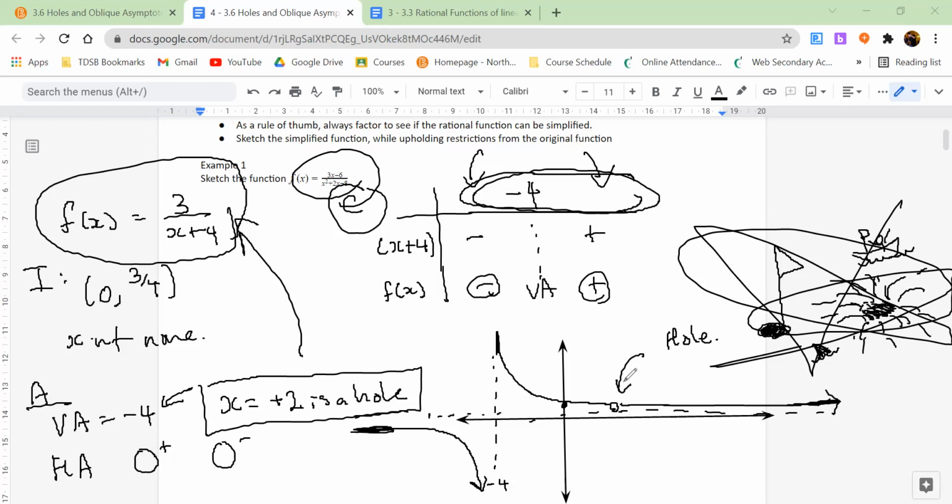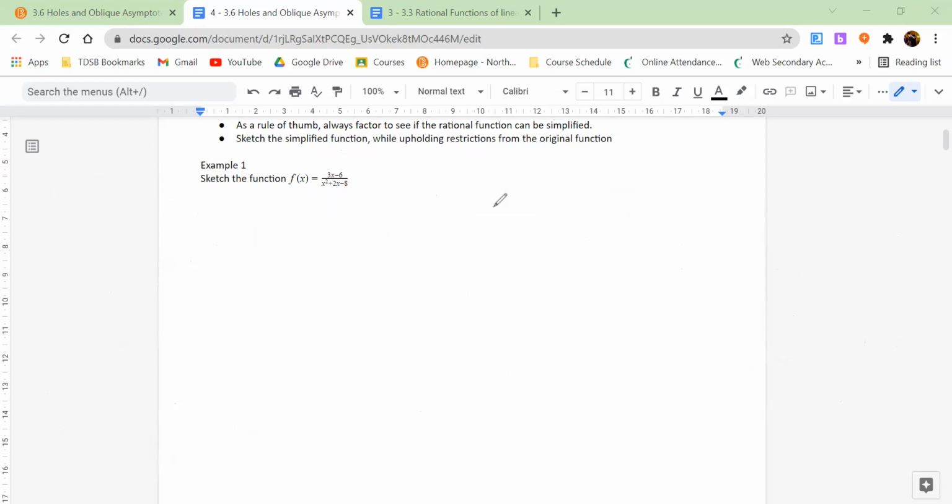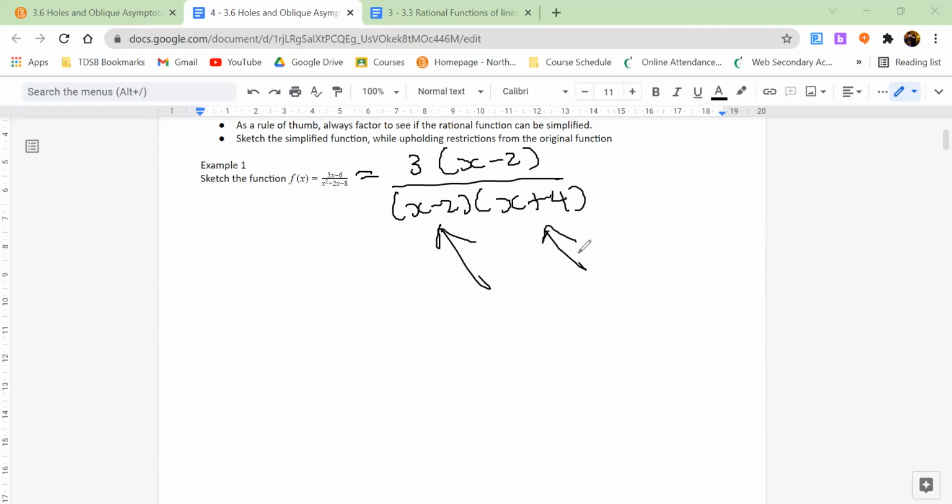Beta? Sure, I'm going to have to clear this. But if you recall, if I factor this, this was 3x minus 2 over bracket x minus 2 and x plus 4. So what are the x values that we are not allowed to have?